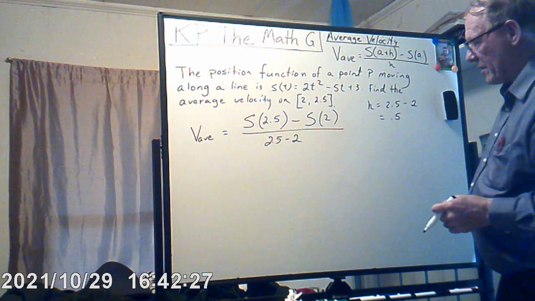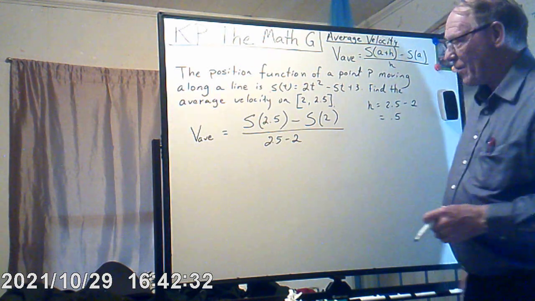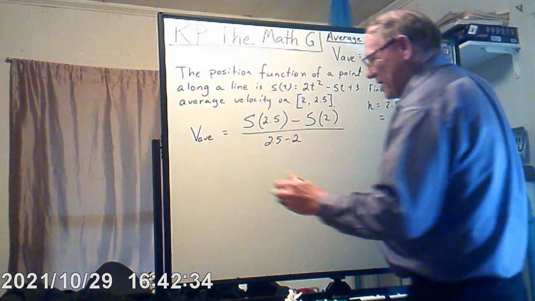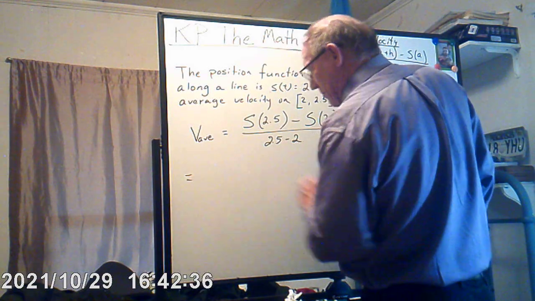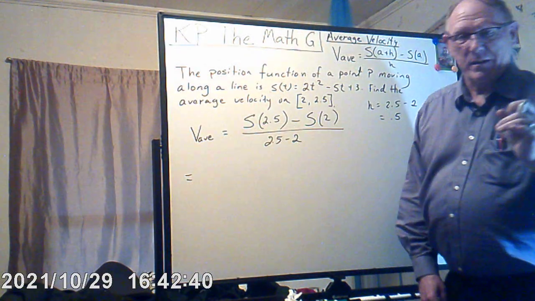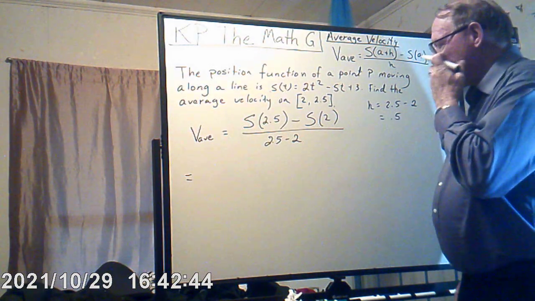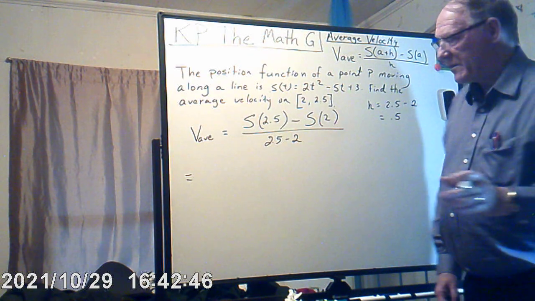Okay, let's go ahead and plug these in. We'll use my calculator for this. Now remember, no limit because we're looking for the average velocity. No limits here, just plug it in.